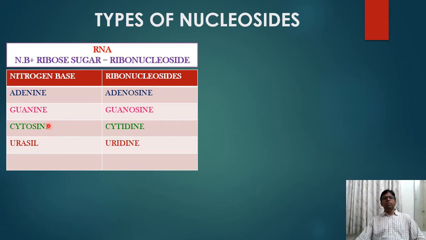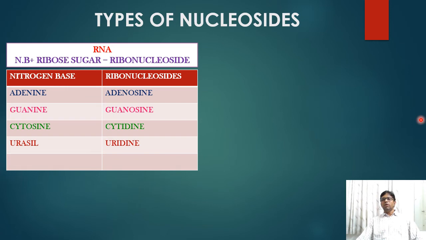Cytosine, when it binds with ribose sugar, forms cytidine. Uracil binds with ribose sugar and forms uridine. In this way, four different types of ribonucleosides are found in RNA: adenosine, guanosine, cytidine, and uridine.